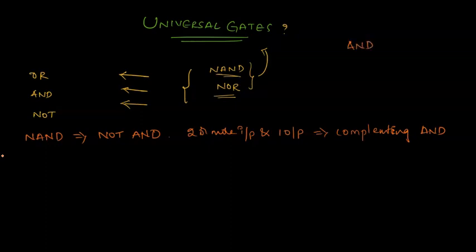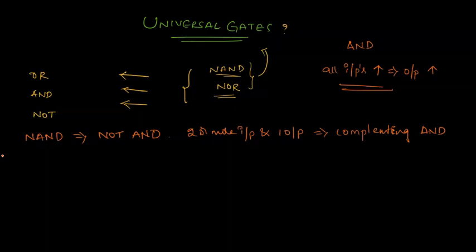If all inputs are high, then output will be high. In other case, it is low. That is AND gate's condition. So now here for complementing AND means except in this case, remaining all cases are high.